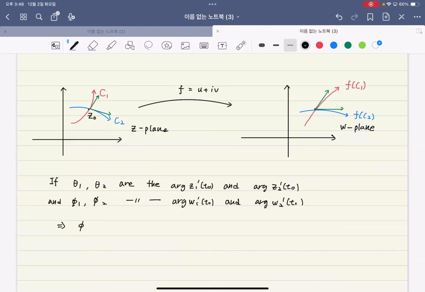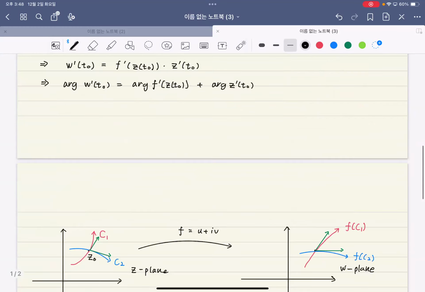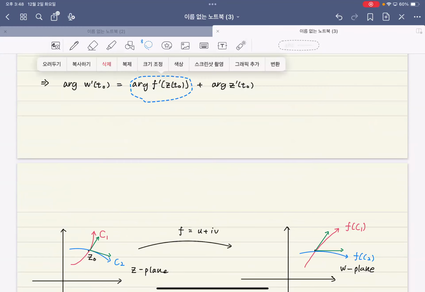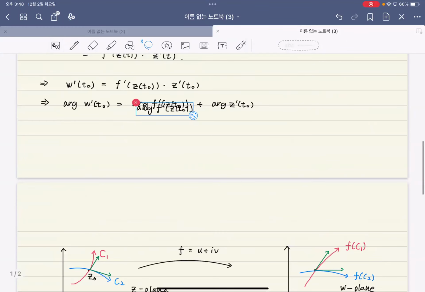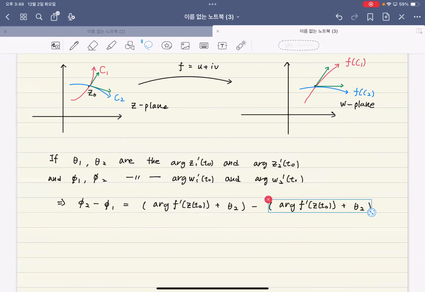Then theta 2 minus theta 1 is, because of this, equal to phi 2 minus phi 1.